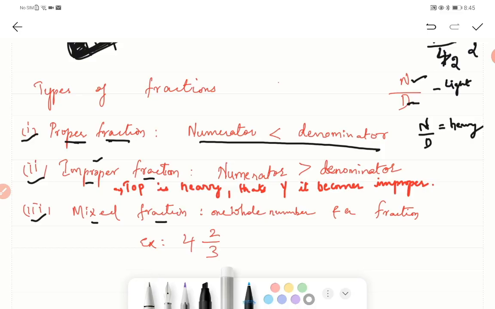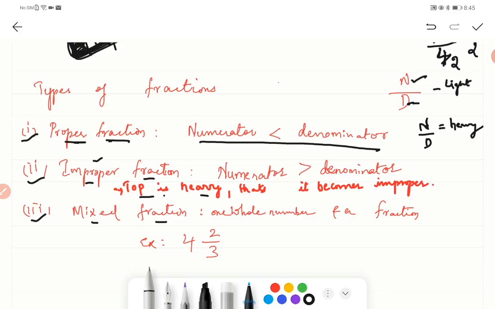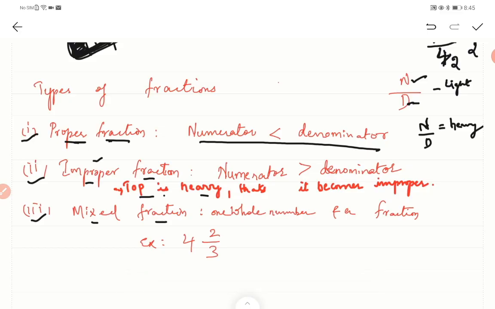I hope you can easily remember like this: when the top is heavy, then it becomes an improper fraction. Since it is very heavy, the fraction becomes improper. You can remember through words. The numerator is at the top, and the denominator is at the bottom.